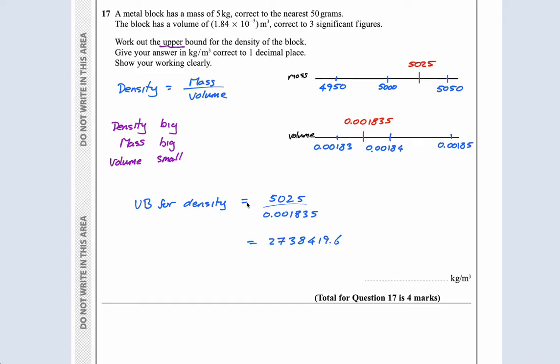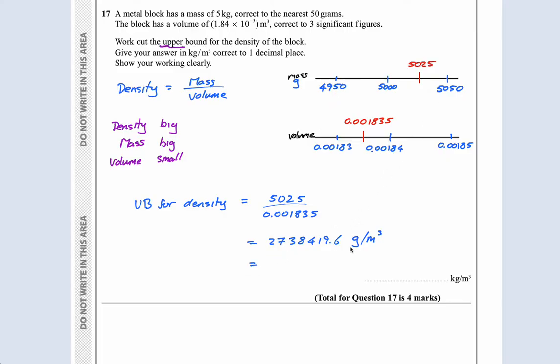This is grams, and this is meters cubed. Okay, that's fine. So this is grams per meter cubed, but he wants it in kilograms per meter cubed.